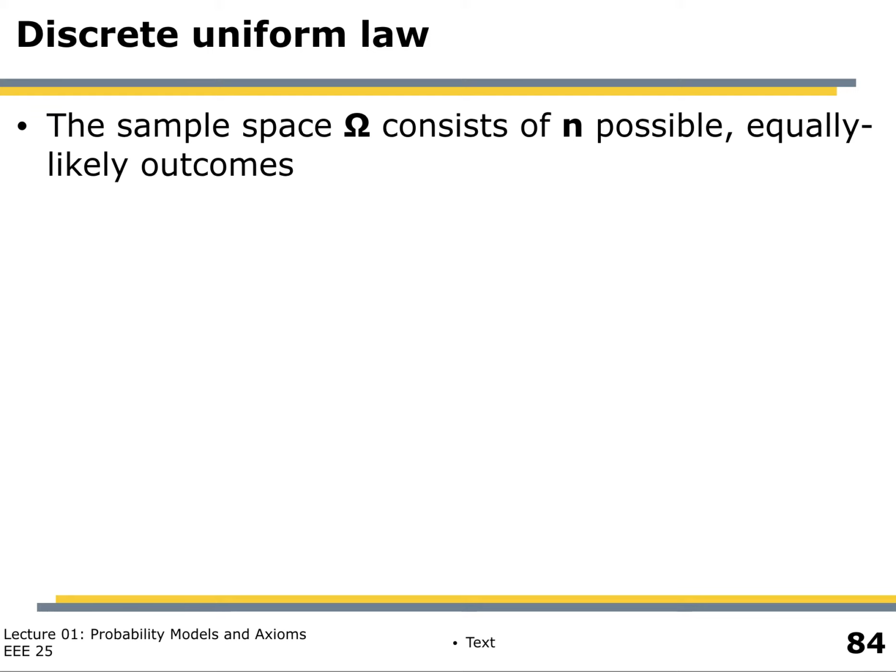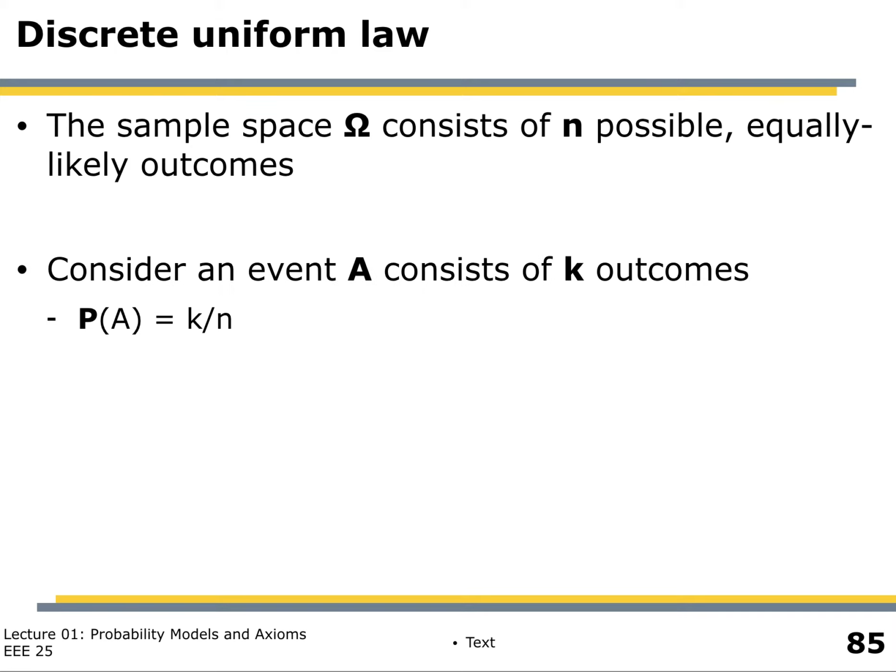Basically what it says is that if we are given a sample space omega that has n possible and equally likely outcomes, then if we consider an event A, which is a subset of the sample space capital omega, and that event consists of k outcomes, then the probability of this event is equivalent to the ratio of the number of outcomes in the set A divided by the number of outcomes in the sample space, or simply k over n.